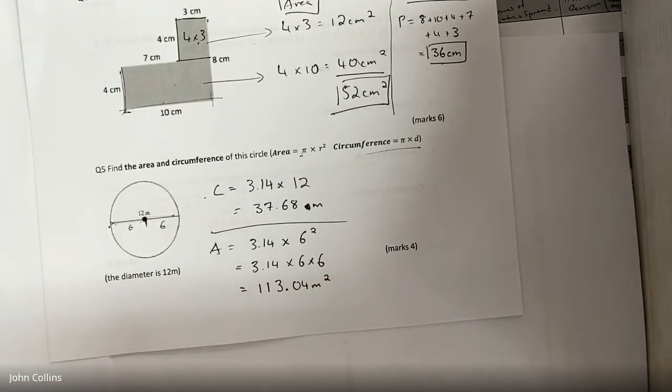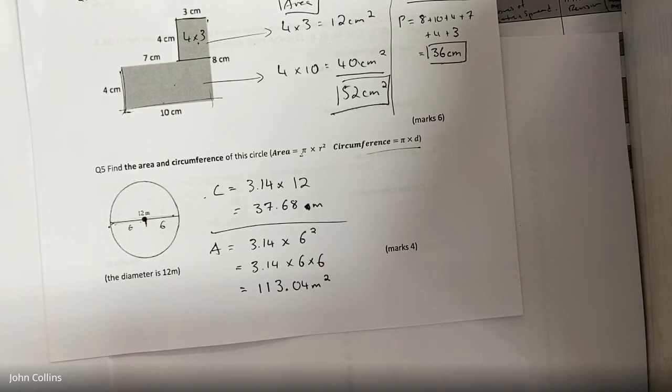Eva: For the circumference and the area, I got a little bit more than what it was. For example, for the circumference, I got 37.69 instead of 37.68. Yeah, so your answer is probably a bit more accurate because I've rounded it to 2 decimal places. If you use the pi button on your calculator, you're going to get a slightly different answer.